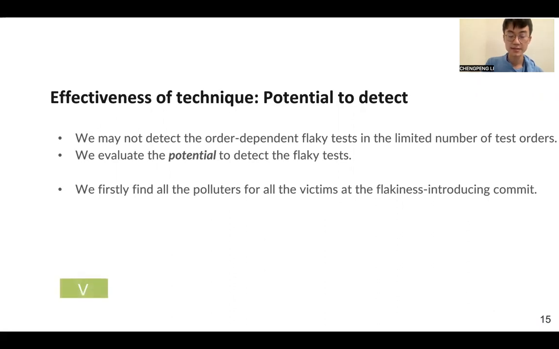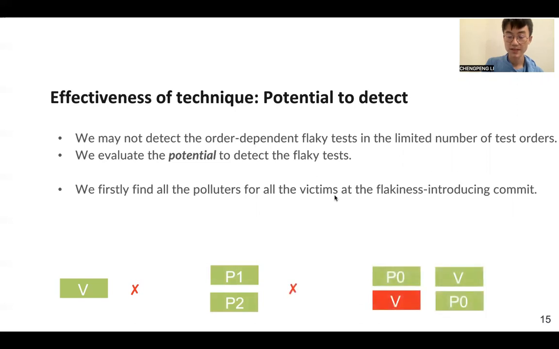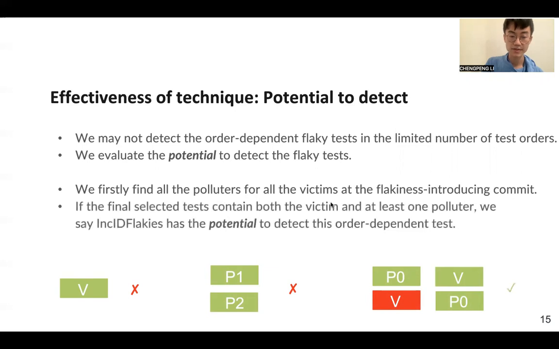If we only select the victim, we cannot find the failing order. If we only select some of the polluters, we cannot find the passing order. Thus, we need to select the victim and at least one of the polluters to expose both the passing order and the failing order. Then we say ink-ID Flakys has the potential to detect this order-dependent Flaky test.